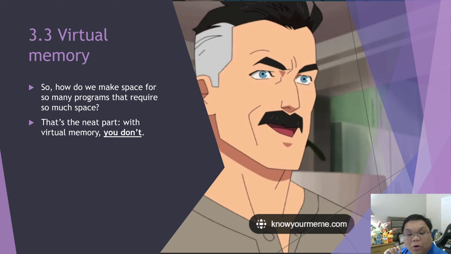If there are parts of a program that don't need to be used, we don't load them. If there are parts of a program that we need to take out because we need to make space for a different program, we can just swap them the same way we did with swapping entire processes, except we're swapping parts of processes.